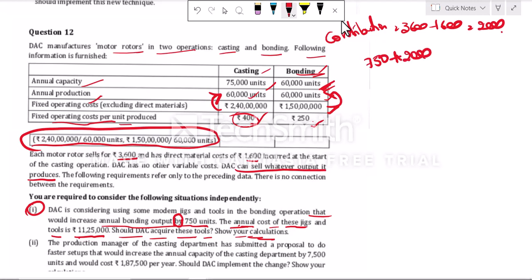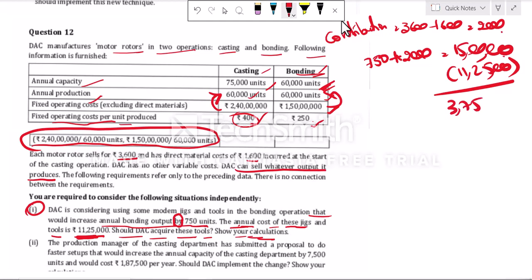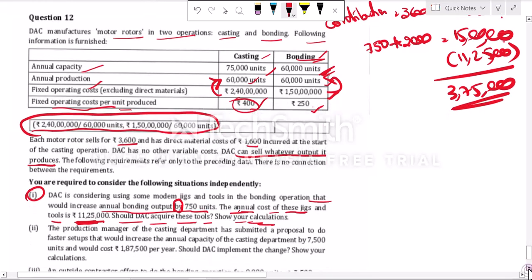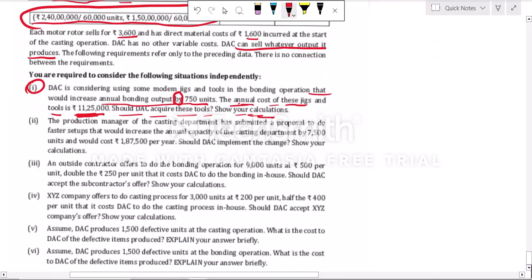So 750 into 2,000 equals 15 lakhs. How much do they need to incur to produce 750 units? 11 lakh 25,000. If we subtract 11 lakh 25,000, 3 lakh 75,000 is the profit. So it is profitable to invest in that.